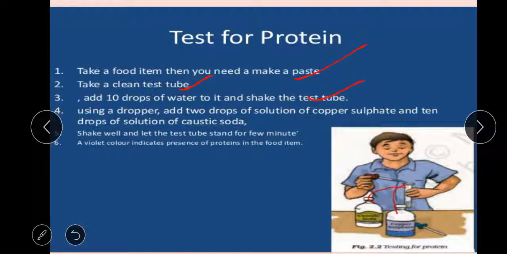In step 4, using a dropper, add 2 drops of solution of copper sulfate, again a chemical solution, and 10 drops of solution of caustic soda. Now shake well and let the test tube stand for a few minutes. A violet color indicates presence of protein in the food item.